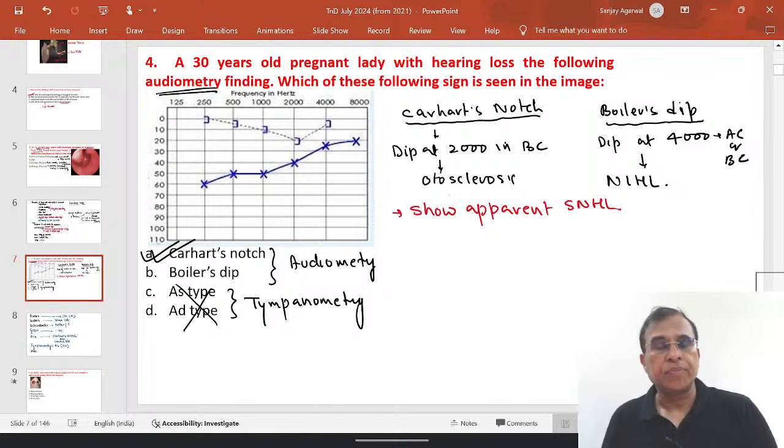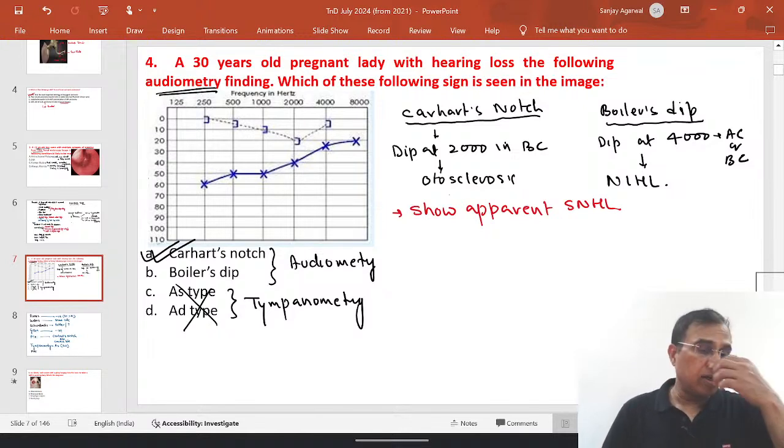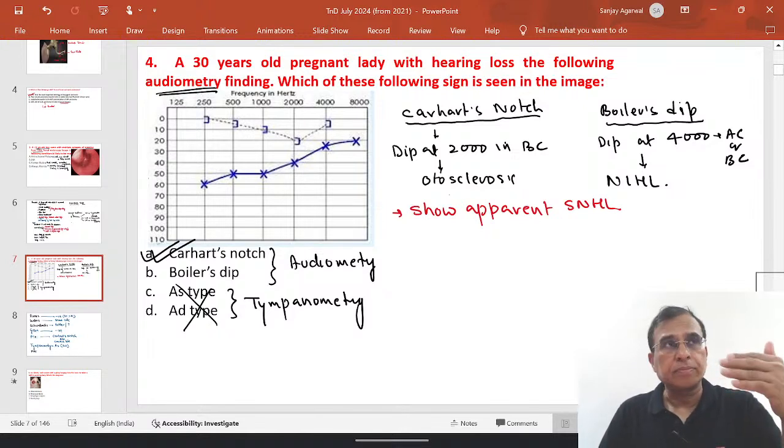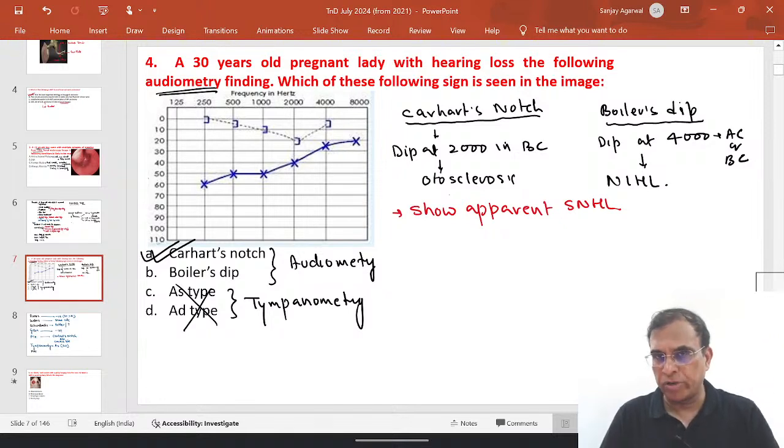What does it mean? In audiogram we will discuss this properly afterwards because we have more questions on audiogram. When we come to a proper question, I'll tell you how to interpret audiogram. But about Carhart's notch, I'm telling you 3 or 4 special points.